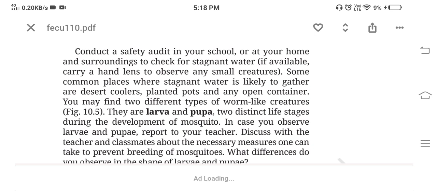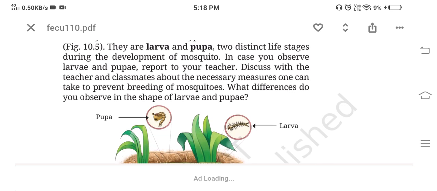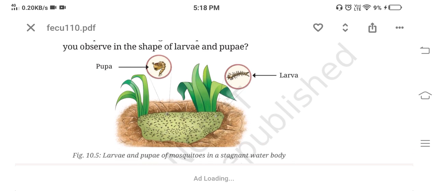They are larvae and pupae, two distinct life stages during the development of a mosquito. If you observe a larva and pupa, report to your teacher, and discuss with your teacher and classmates the necessary measures one can take to prevent breeding of mosquitoes. What difference do you observe in the shape of larva and pupa?